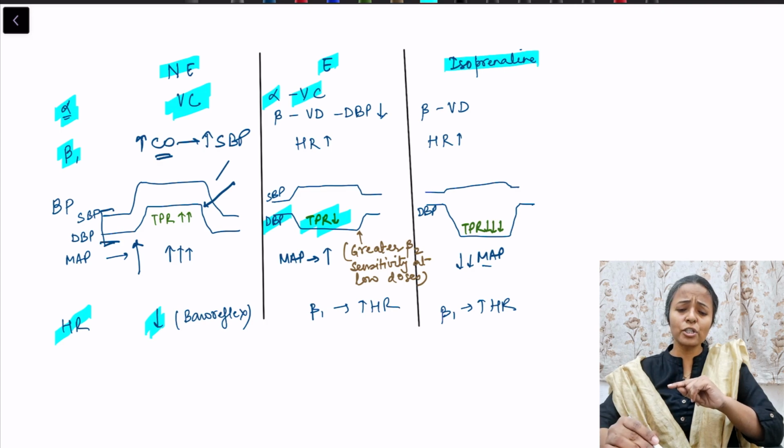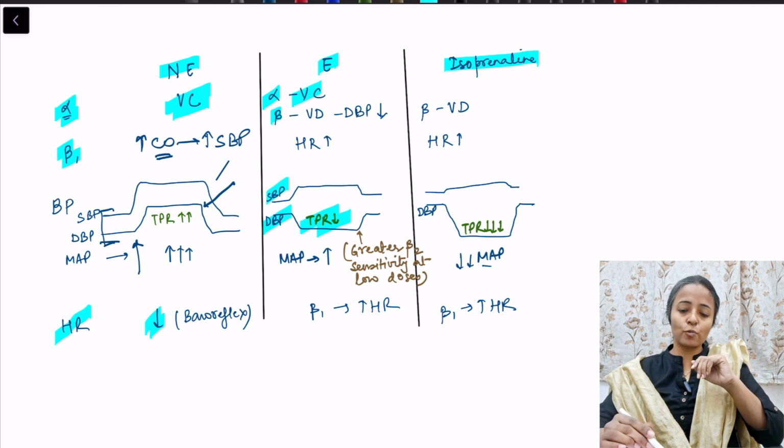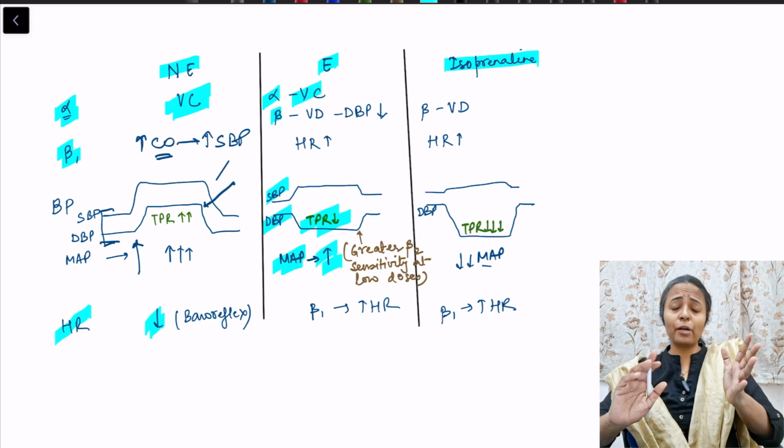Okay. Beta 1 action, yes, there is an increase in the cardiac output. With the increase in cardiac output, there is an increase in systolic blood pressure. So that's what we are seeing, increase in systolic blood pressure and decrease in diastolic blood pressure. But mean arterial pressure is not increased that much, right? So that is why baroreflex action will not be that much.